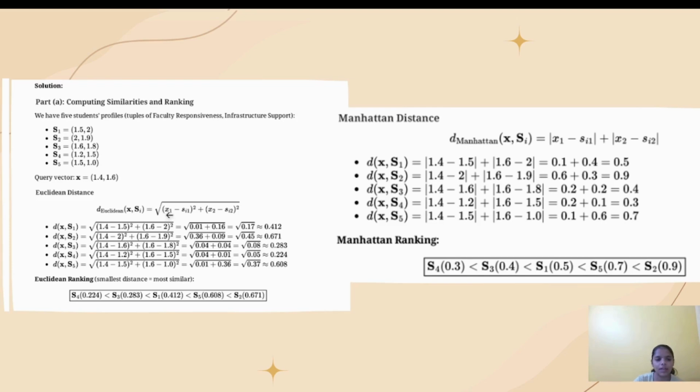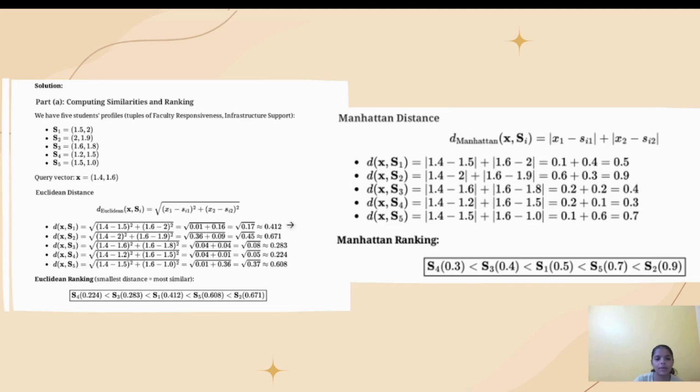As we know, our x1 is 1.4 and x2 is 1.6 from the given query vector. Now we calculate the distance for student 1. When we substitute the attributes for student 1, which are 1.5 and 2, our distance for S1 is 0.412.